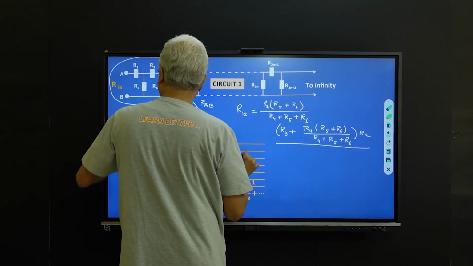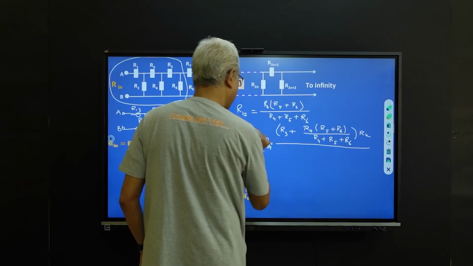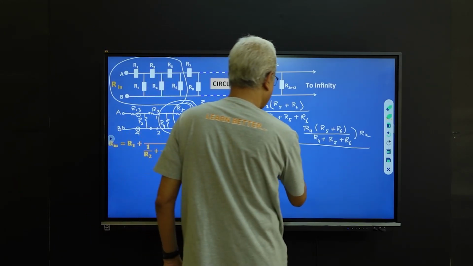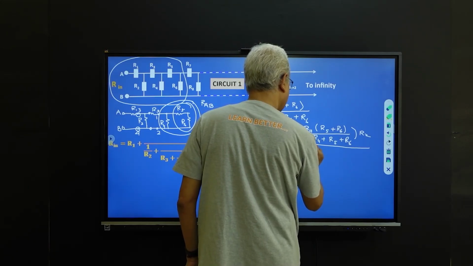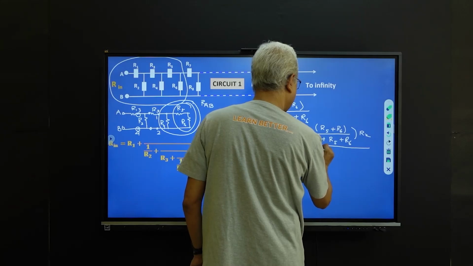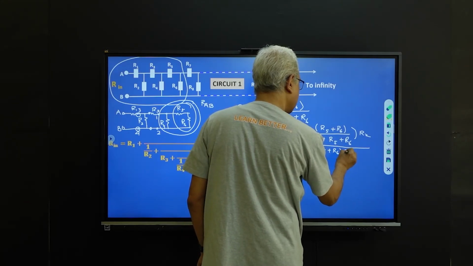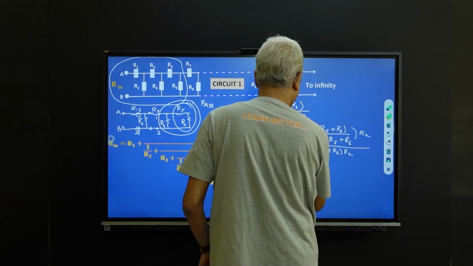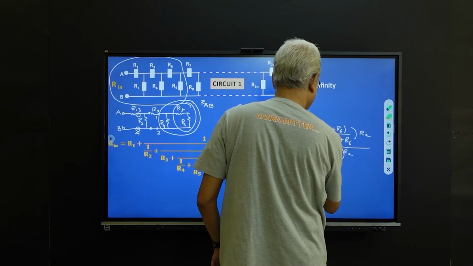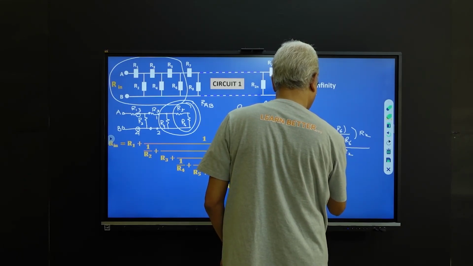This is R34, divided by R3 plus R4 into R5 plus R6 into R2 divided by R4 plus R5 plus R6.